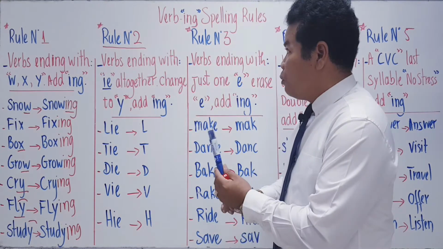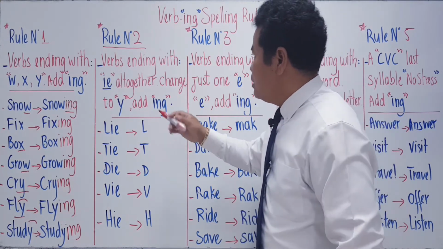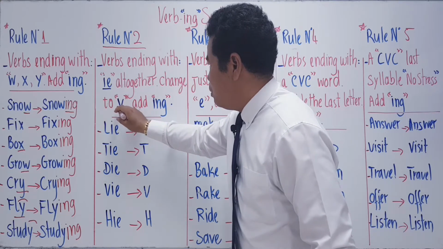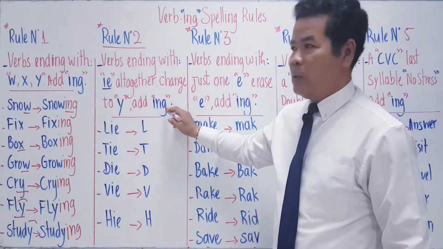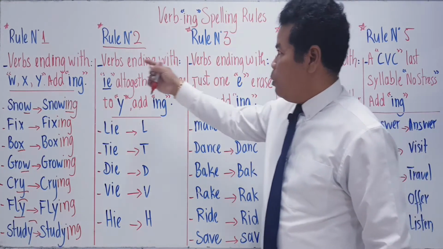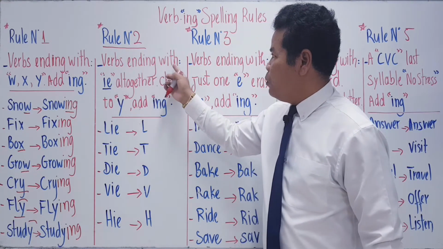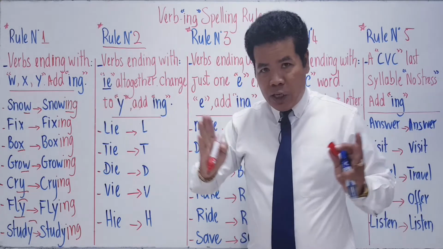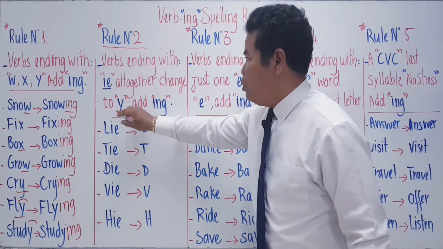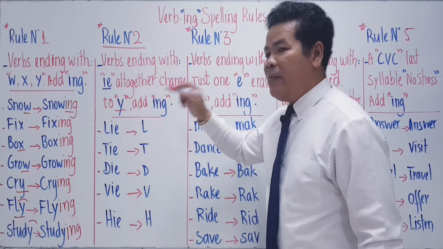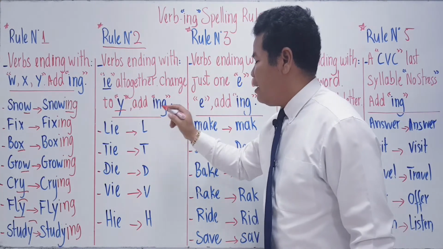So, the rule says we need to change it to letter Y and then plus ing. Again, verbs ending with IE together, just change IE to letter Y and then add ing.